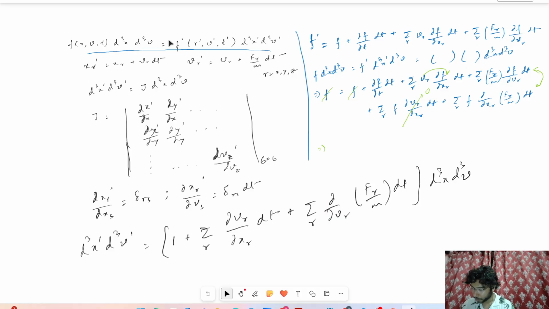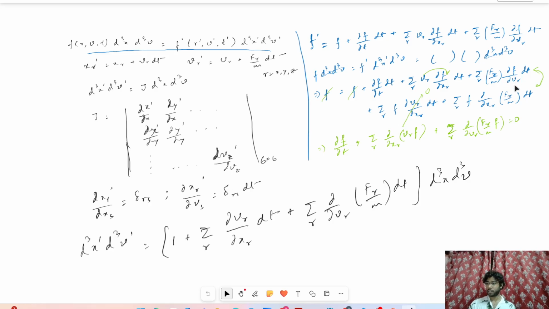So finally, we can write del f del t plus, if I take this inside, the summation over r of del xr of Vr times f. And if we combine these two terms, this will be a total derivative del vr of Fr by m times f. So this is just using the chain rule. If you break it up, this will be f times the derivative of this thing, and Fr by m times the derivative of f.